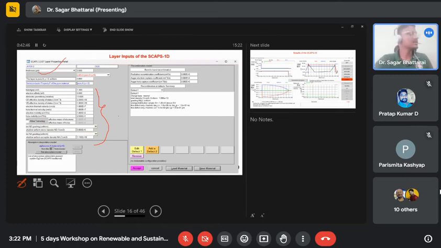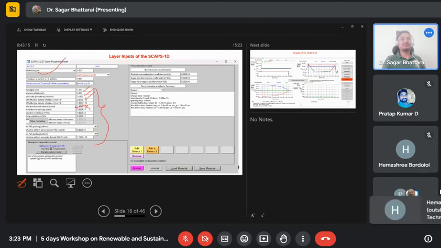Now from where can you obtain these inputs? You just go to the previous publication, or previous literature, or previous experiments from where you are taking. From their experiment, all the values will be taken. Now if you go to the electron affinity, dielectric permittivity, CB, VB, that means conduction band effective density of states, valence band effective density of states, electron thermal velocity, these are always kept the same.